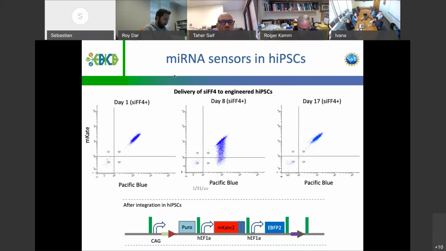In the middle plot, you see that after 8 days, the cells are losing red fluorescence, which indicates that the human stem cells engineered to sense this microRNA are correctly sensing it. And then by day 17, the cells have returned to their original state. So that shows that the microRNA sensor is stable. It was also able to sense the microRNA for which it was designed.